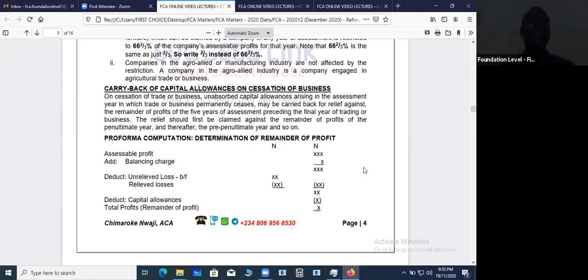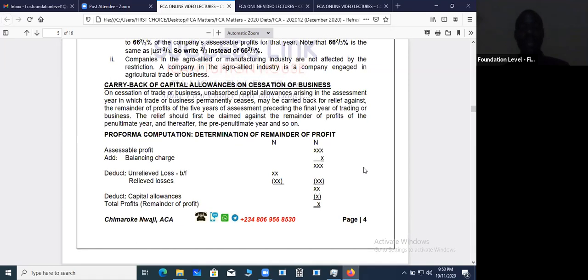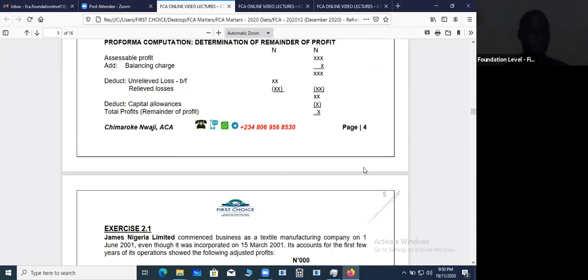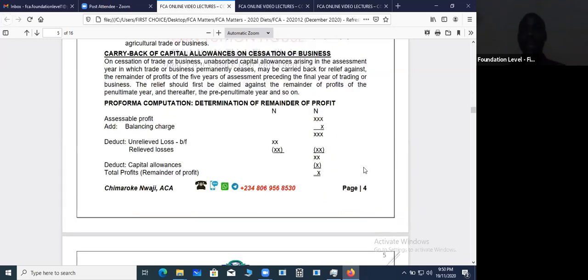How do you use carry back? This carry back, you do it as follows. As you take it back, you are reinstating your taxable profit from which you charge your tax. The tax authority is refunding you your tax so that you can now claim capital allowance.